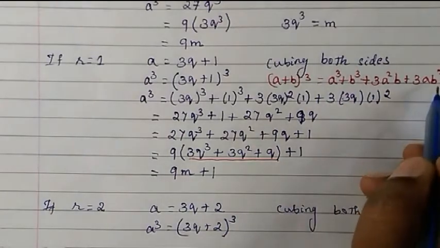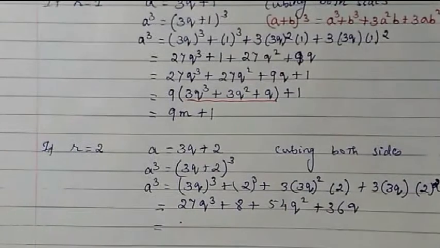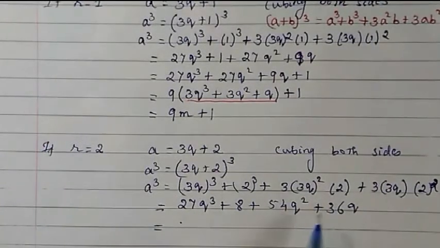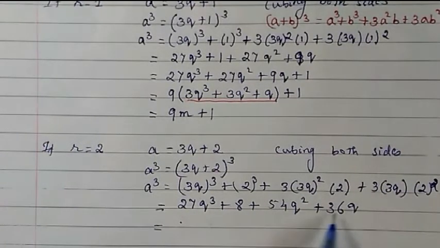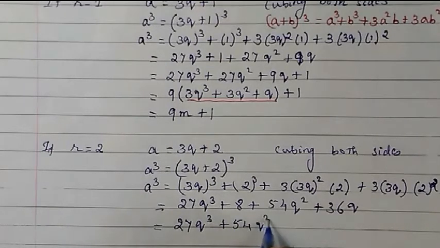So we have to write it in the expansion form. When we write it in the expansion form, this is the answer we get. Now let us rearrange them: 27q cube plus 54q square plus 36q plus 8.